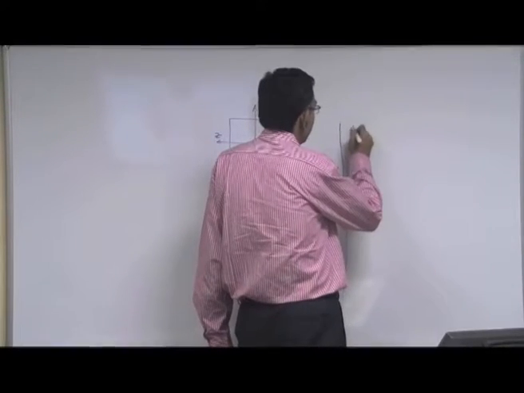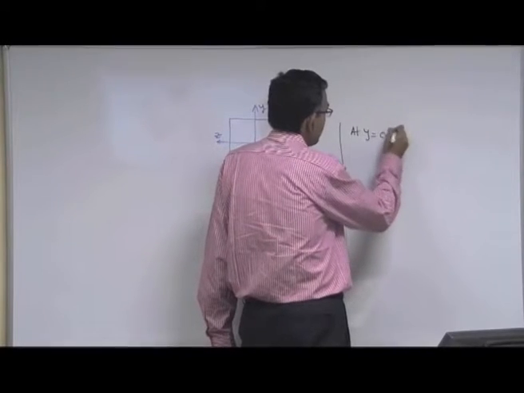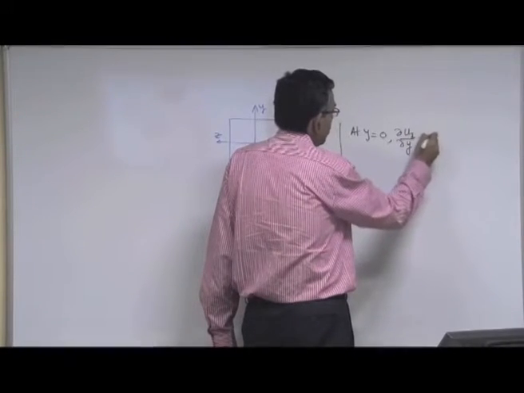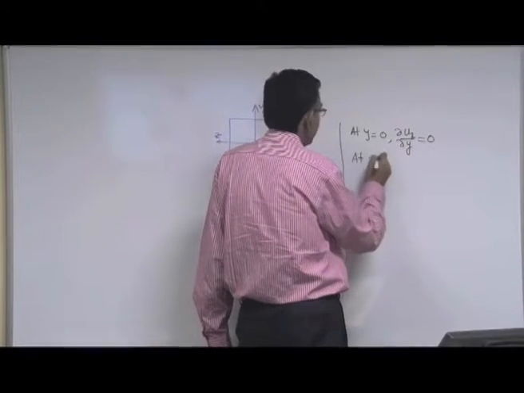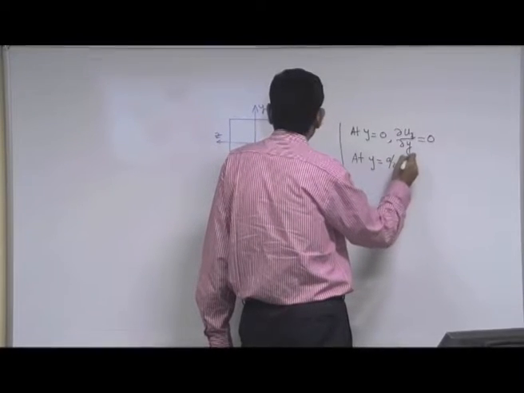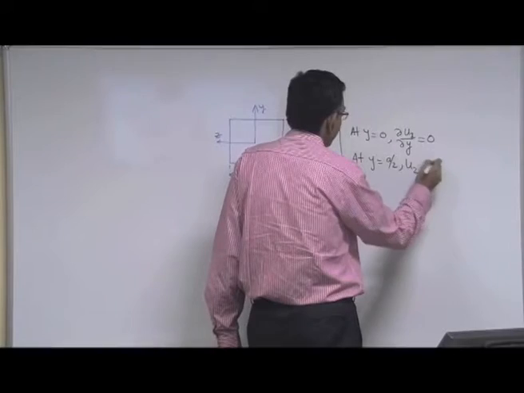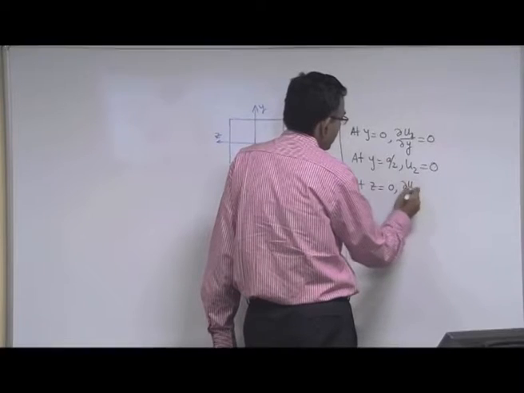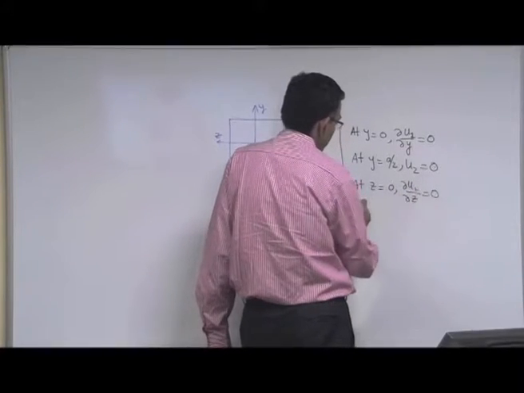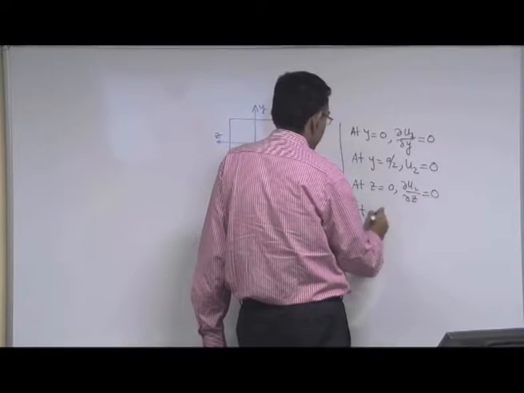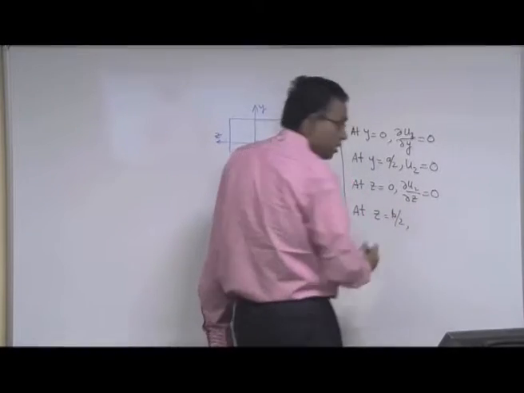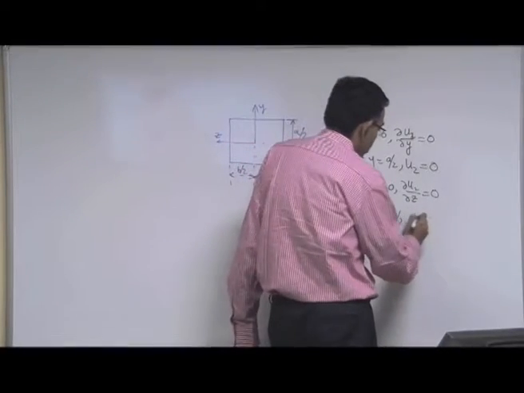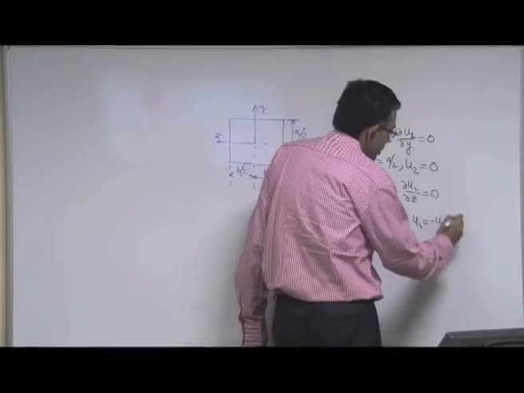So at y is equal to 0, del u2 del y is equal to 0, at y is equal to a by 2, u2 is equal to 0, at z is equal to 0, del u2 del z equal to 0, at z is equal to b by 2, u2 is equal to minus u1, which is a function of y.